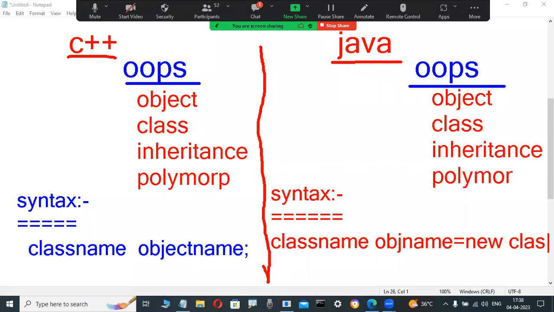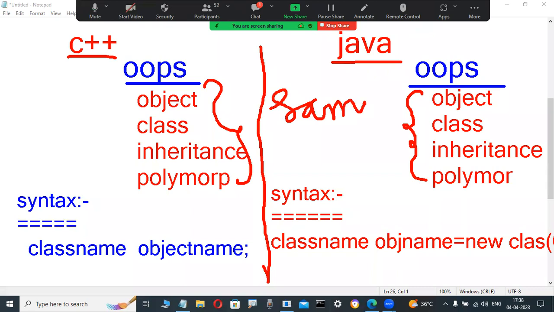This is the syntax of object creation from the class. But the OOPS features are the same: what is object, what is class, what is inheritance are the same in Java and C++. Syntactically, are they different or the same? Different, because this language is different and that language is different.